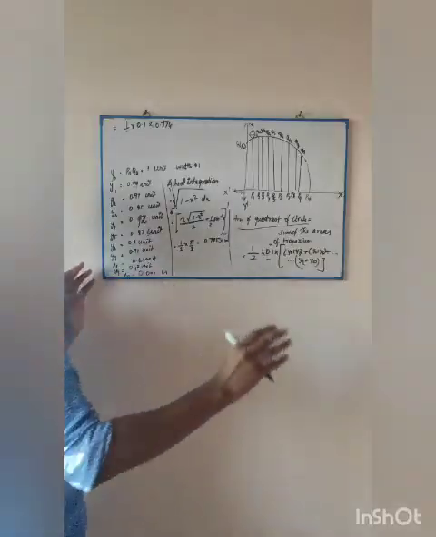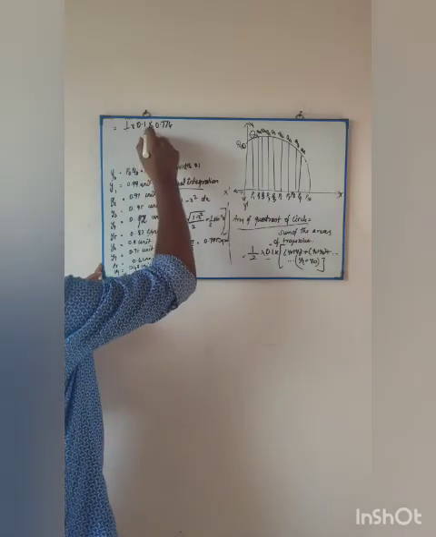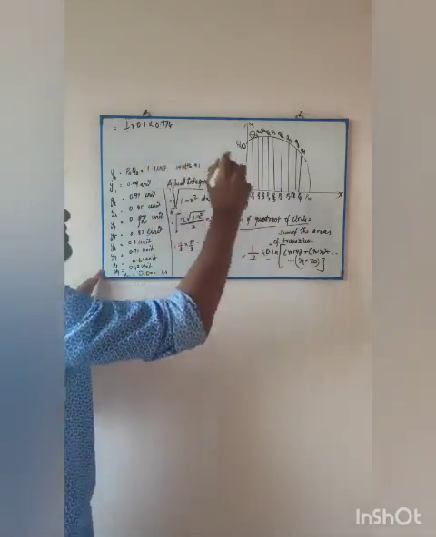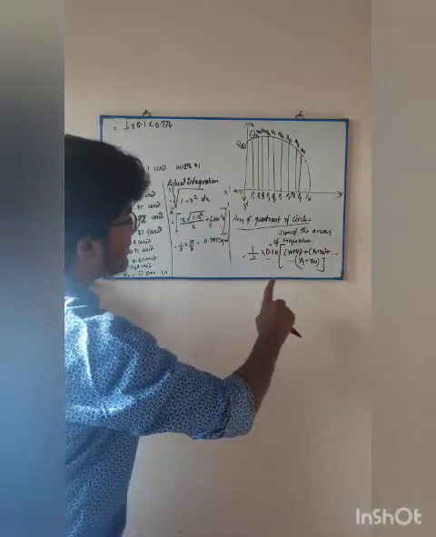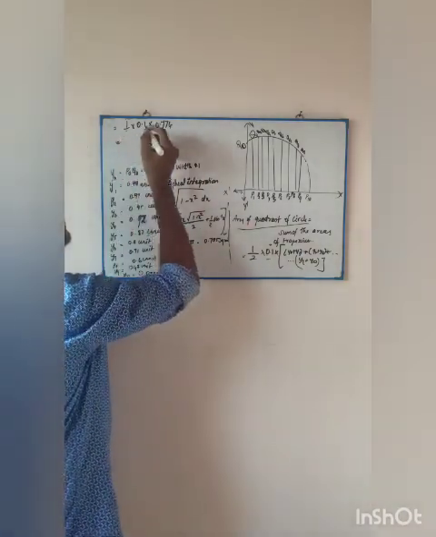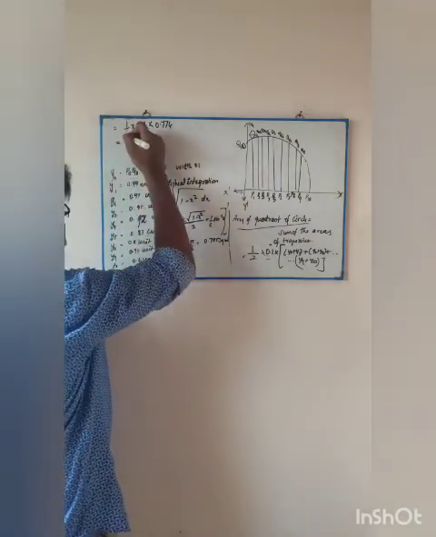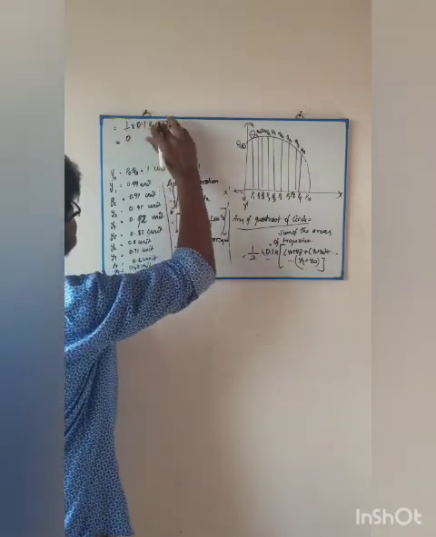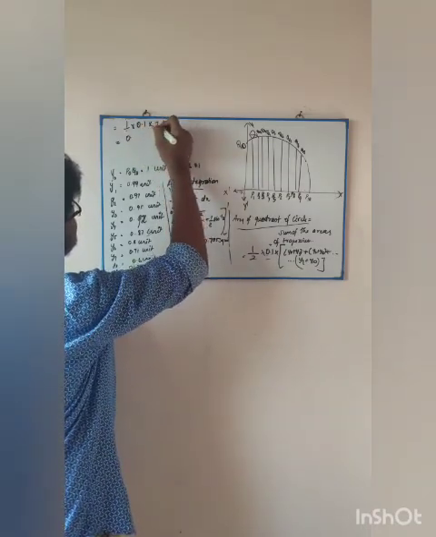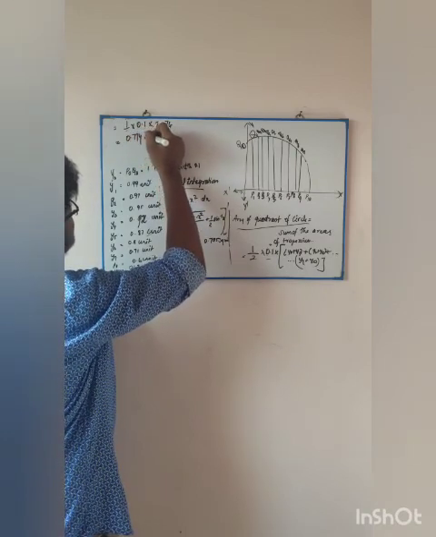We obtain a value like 1 into 0.1 into 0.774 when we add this value and divide it by 2. So we will get around 0.774 square units.